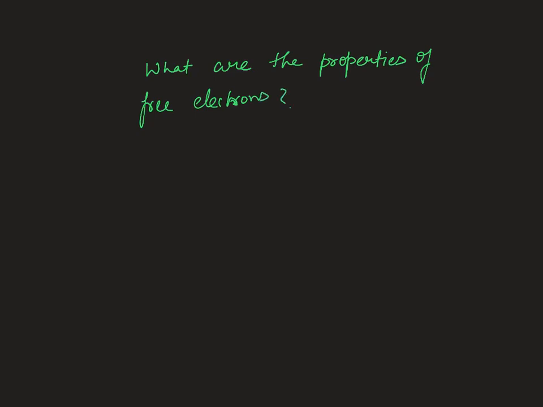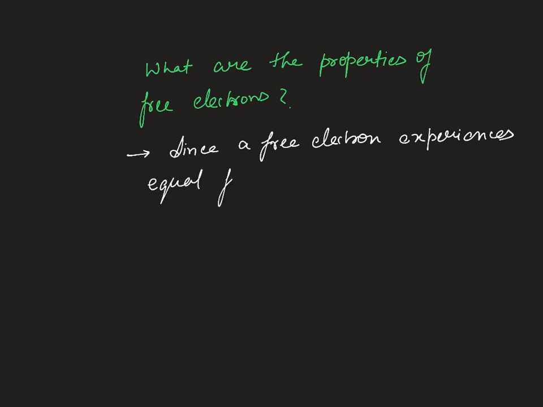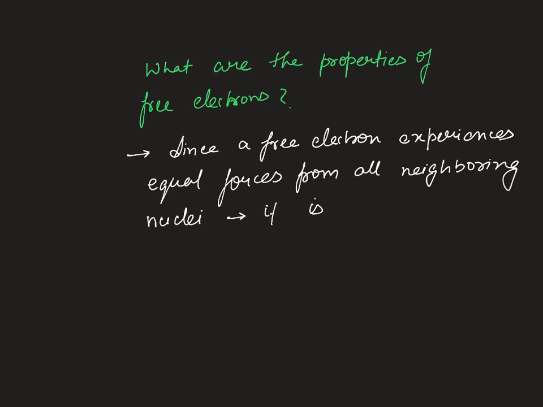I think there is only one property that is very important right now to understand, which is that since a free electron experiences more or less equal forces from all neighboring nuclei, it is free to roam about, it is free to move in the conducting material.